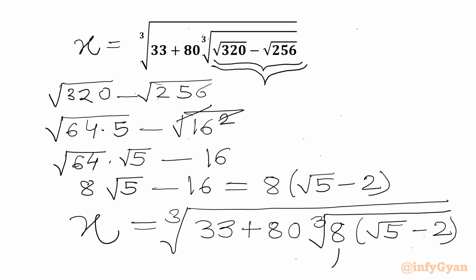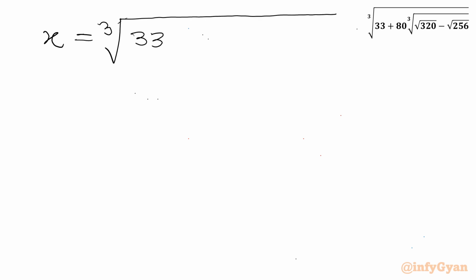Now this 8 will come out from cube root as 2. So I can write x equal to cube root of 33 plus 80 times cube root of 8 times root 5 minus 2.